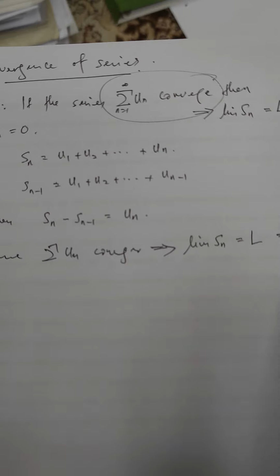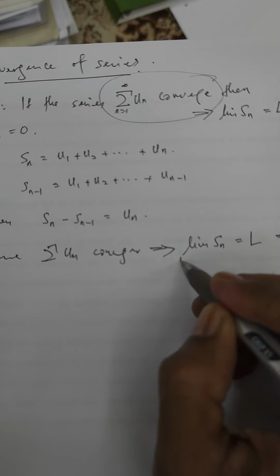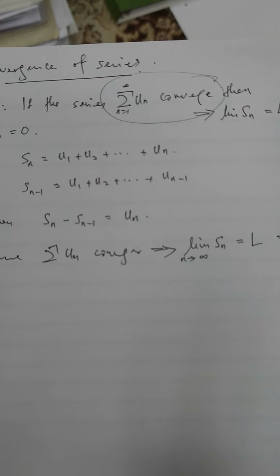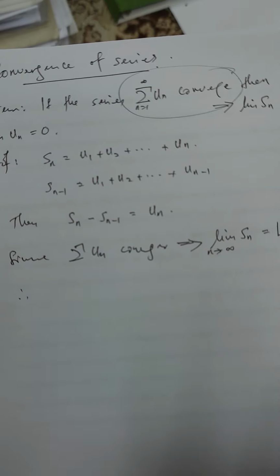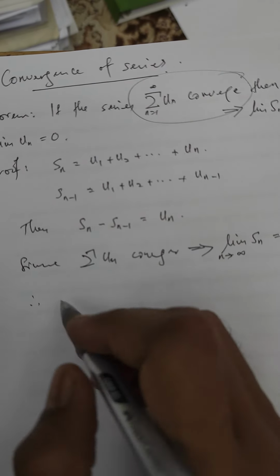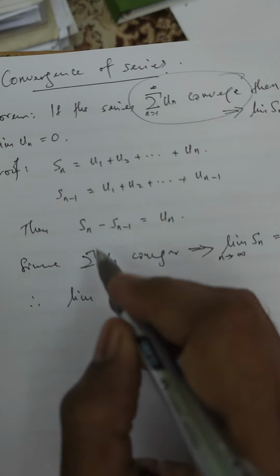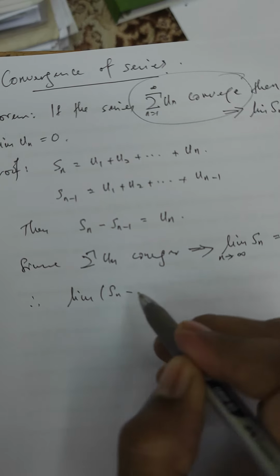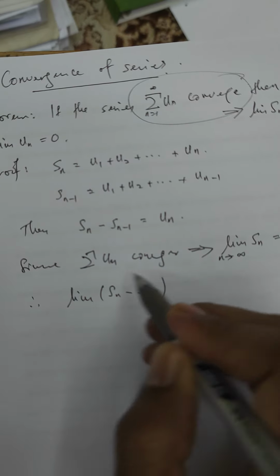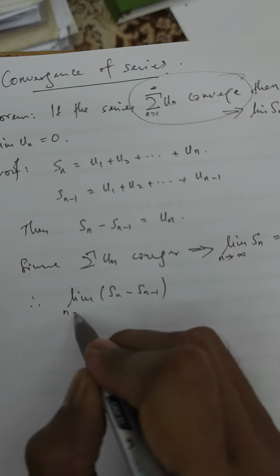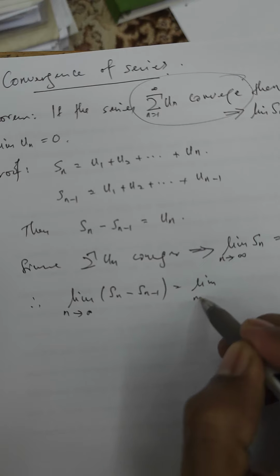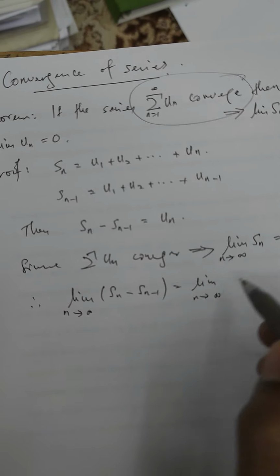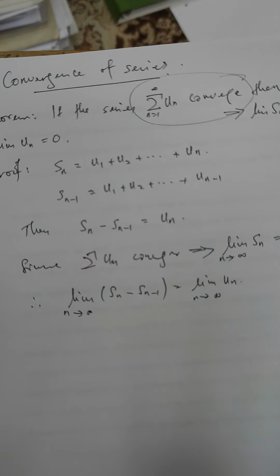Then if you take the limit of Sn minus Sn minus 1 on both sides, we have the limit as n goes to infinity of un.